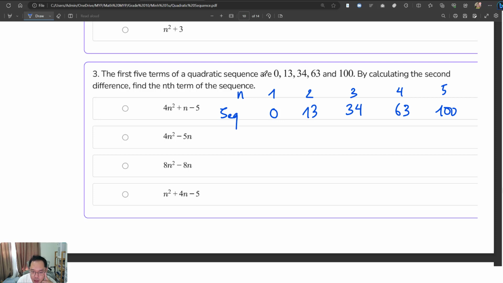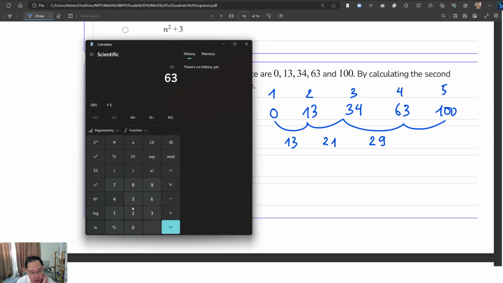Now we find the first difference. From 0 to 13, the difference is 13. 13 to 34, difference is 21. 34 to 63, check that again, yeah, 29.